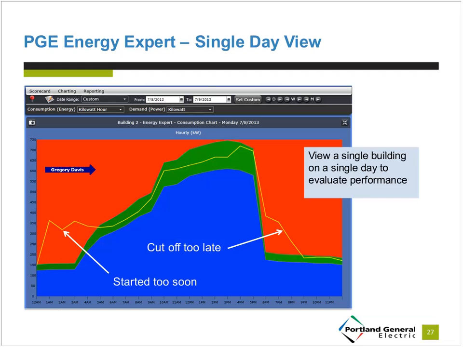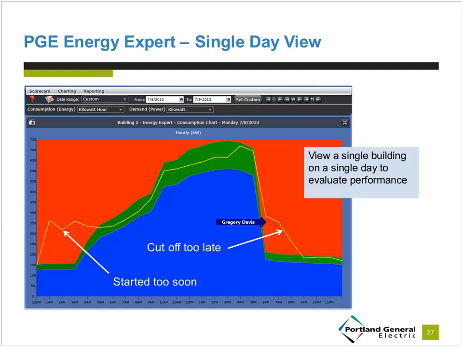The red area defines usage that exceeds the projection, and the blue area defines areas that are below the expectations. For this particular day, we've created a model of what the expectation should be throughout the day. And you can see that in the morning, things started too soon. We started consuming energy much too soon. And in the evening, we continue to consume energy much later than expected.